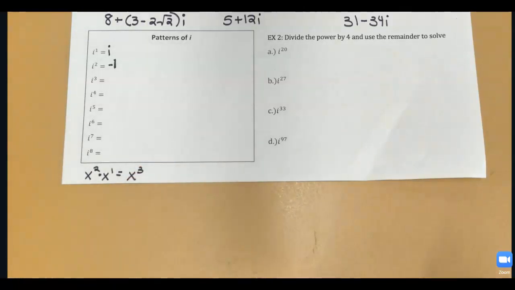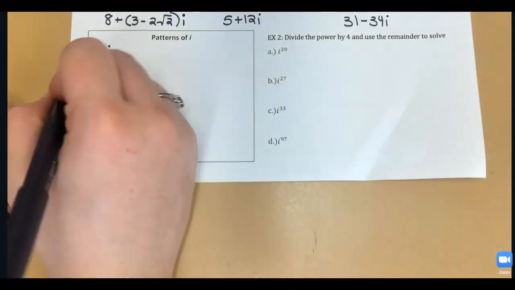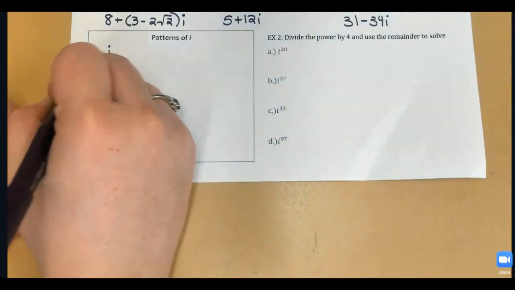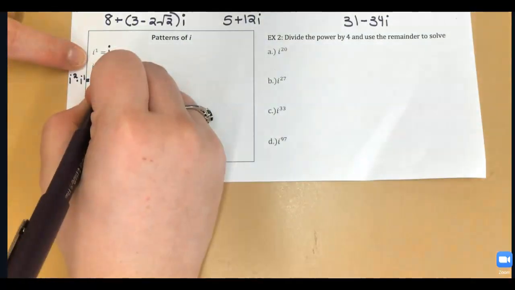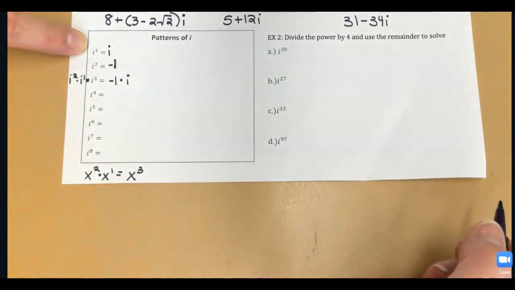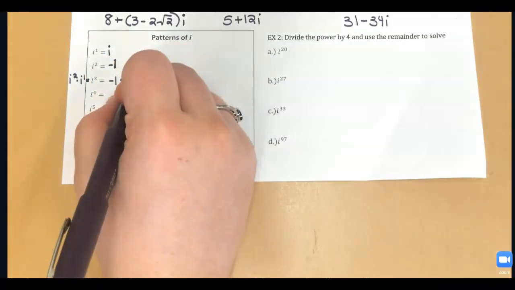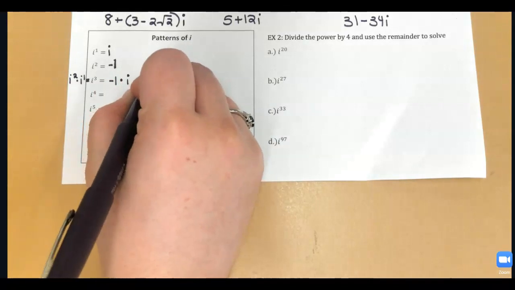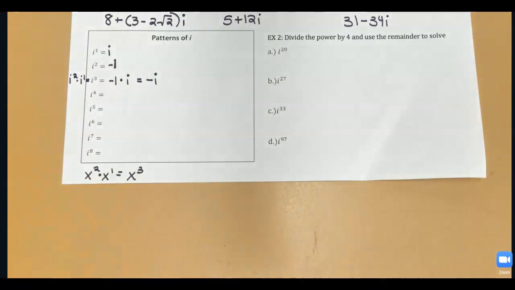Well, the same thing can be said about i's. So i to the third would be equivalent to taking i squared times i to the first. Well, I know i squared is -1, and i to the first is just i. Well, -1 times i is -i.